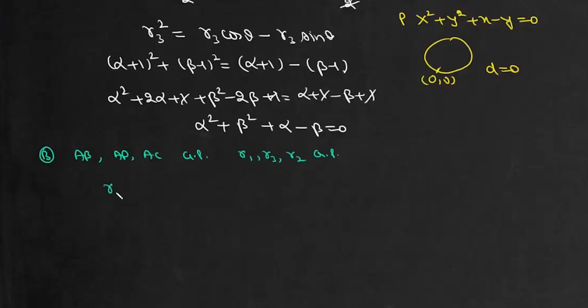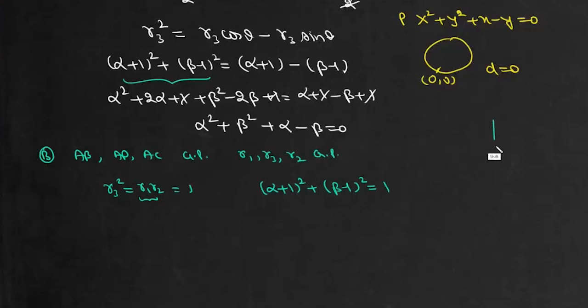Now that means R3 square equals R1 into R2, and we know that R1 into R2 is 1. So basically R3 square equals 1, and R3 square is this value. We'll get this equation as alpha plus 1 whole square plus beta minus 1 whole square, and it is equal to 1.